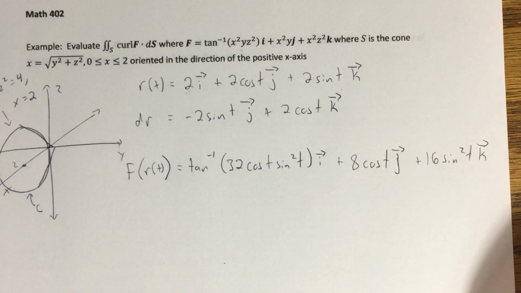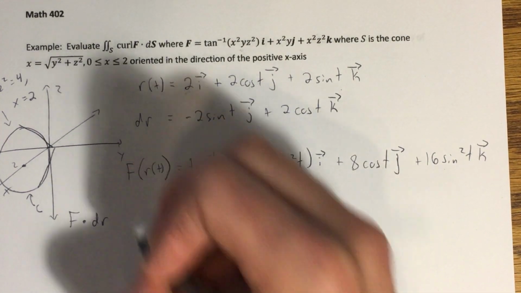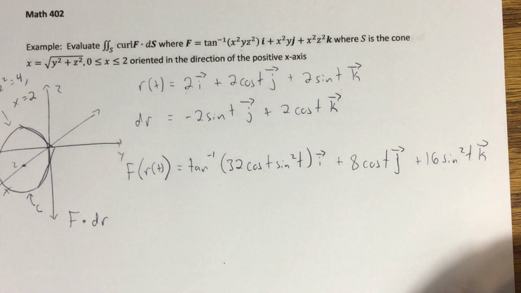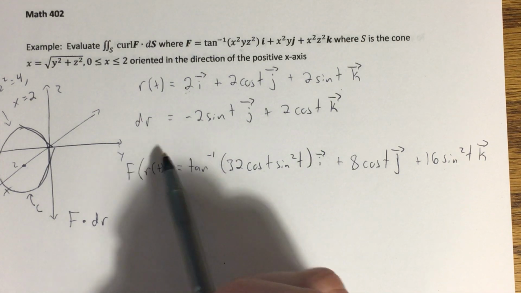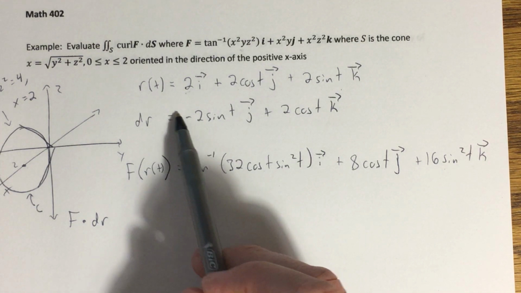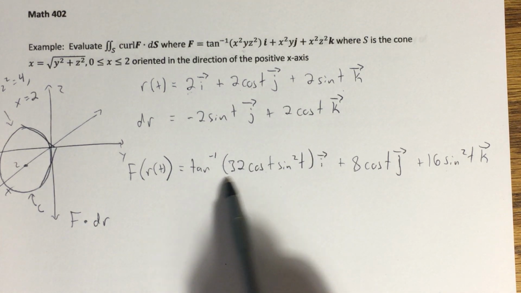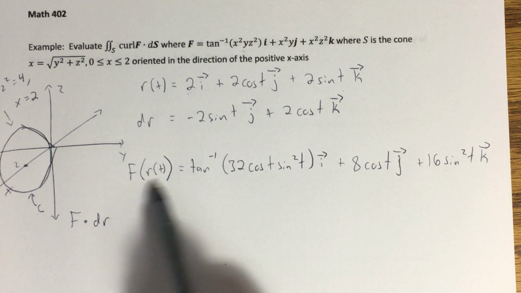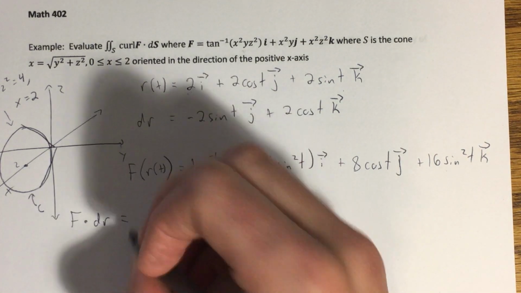Next thing I need is f dot dr. That's what I'm going to use in my line integral, where here's dr, here's f. Conveniently, my dr has a 0 for its i component. Notice the i is not present here. So this complicated looking i component for f is just going to be multiplied by 0 in my dot product, and it's going to go away.